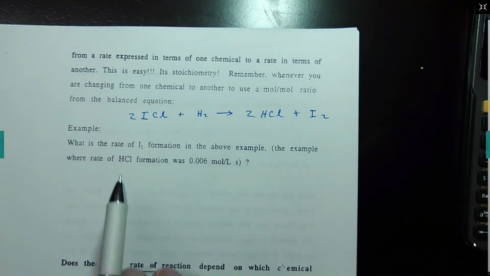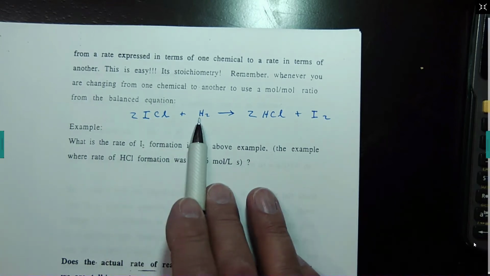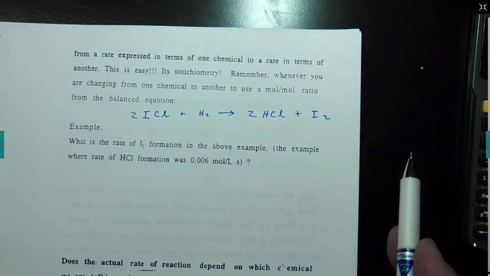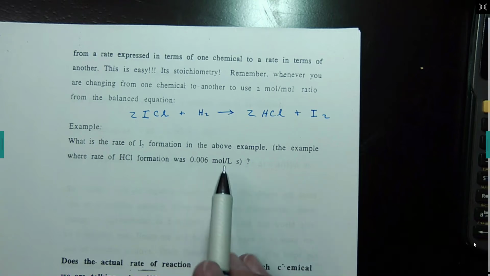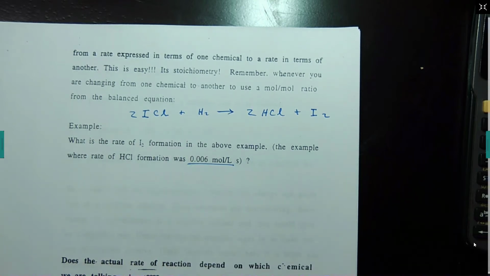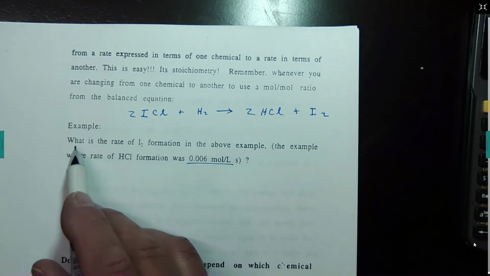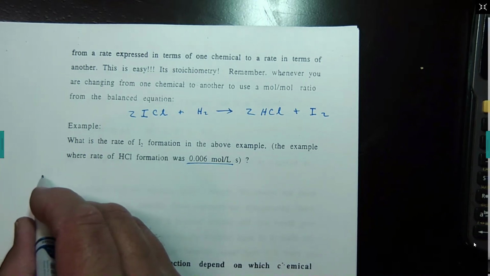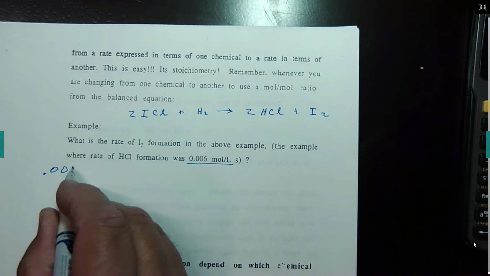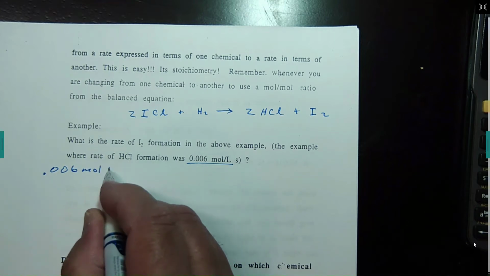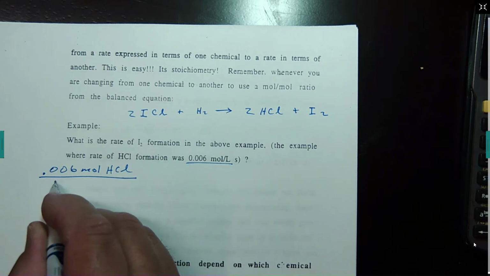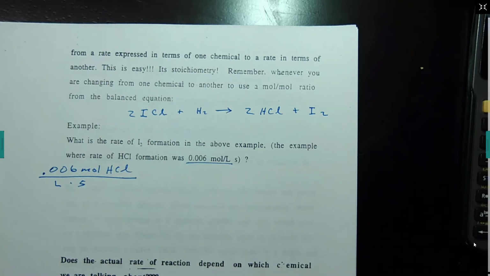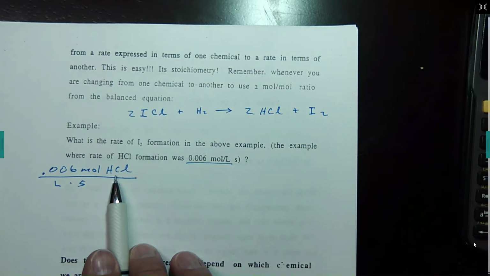So again, here's your reaction. Two of these react with that to get two of these and one of these. We found the rate at which you're forming HCl. The previous example says that HCl is being formed that fast. What is the rate of formation of I2? Well, real simple. Let's start with what we know, 0.006 moles of HCl per liter per second. I'll just use s for seconds. That's how fast you're making hydrochloric acid.